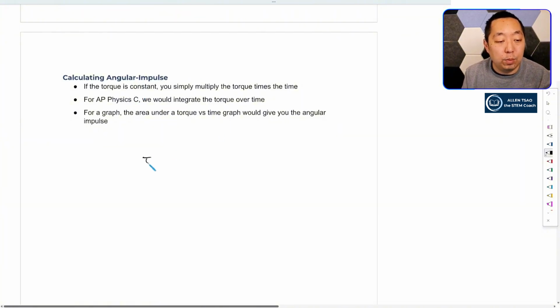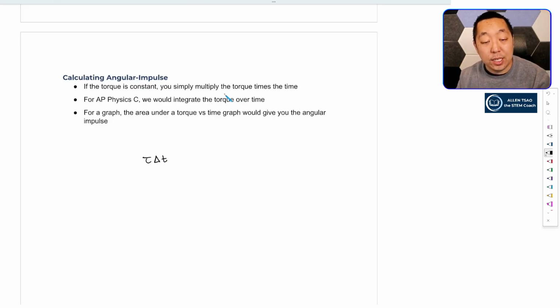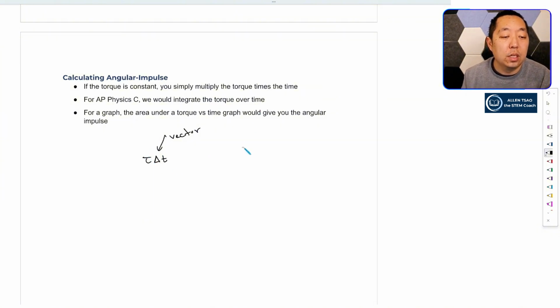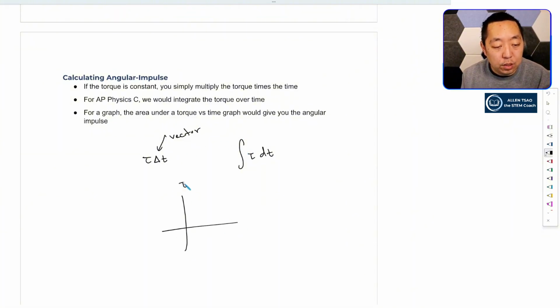If the torque is constant, you simply multiply the torque times the time, right? Remember, just like in linear momentum, this is a vector quantity, so it has the same direction that the torque has. In Physics C, if you have an expression for the torque, you may integrate it. Either of those is going to be fine. And if you have a graph of torque over time, then the area is going to give you the angular impulse.